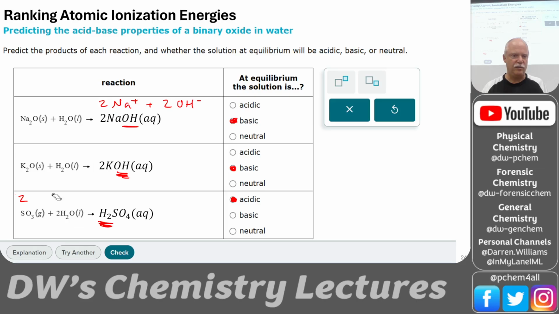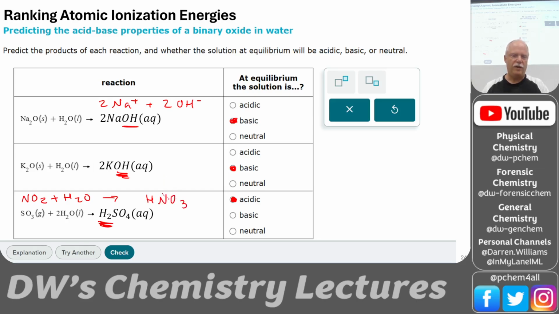What if we did NO2? So some of the nitrogen in reactions and even automobiles, the nitrogen gets into that cylinder. It's 80% of our atmosphere. So we're burning gas with oxygen, and the nitrogen is in there, and sometimes it reacts with the oxygen. So we might make NO2 plus H2O, and that's going to make HNO3.